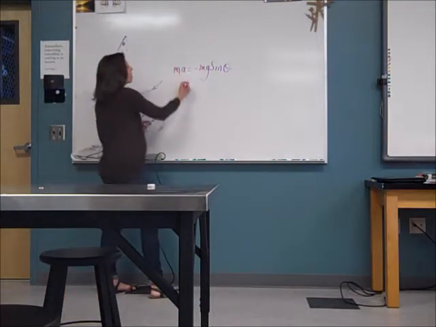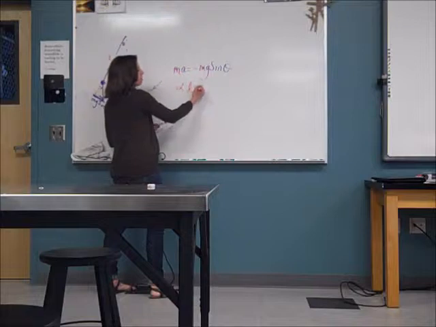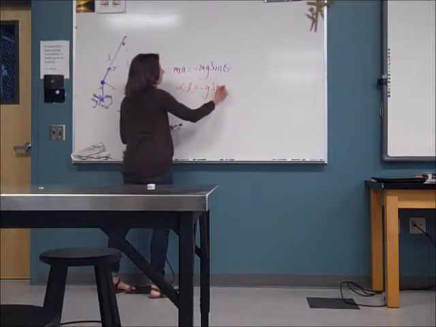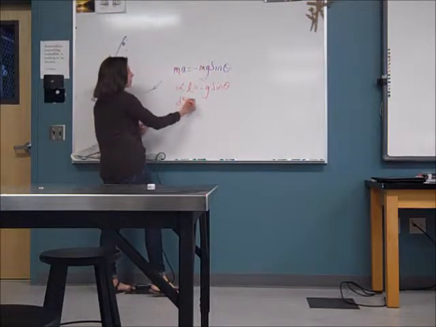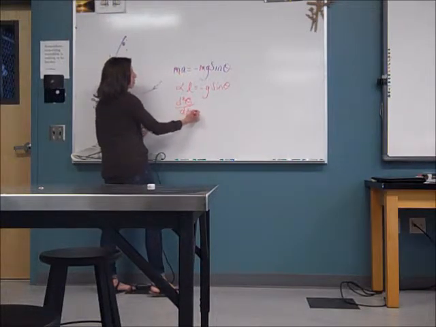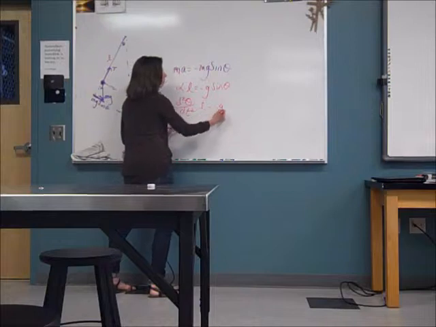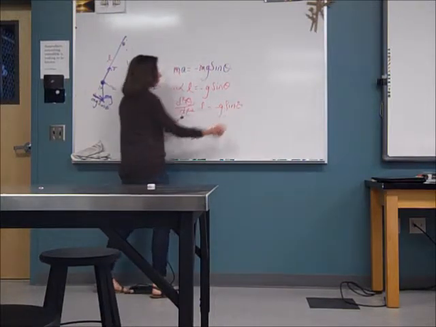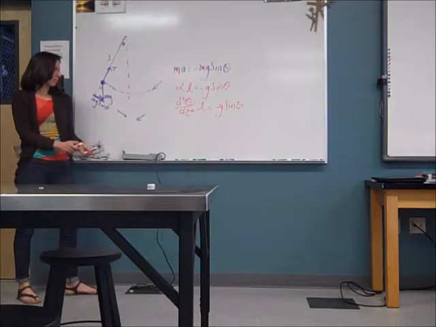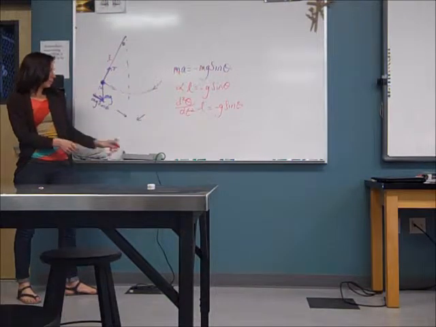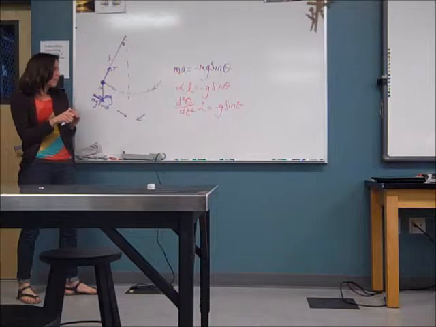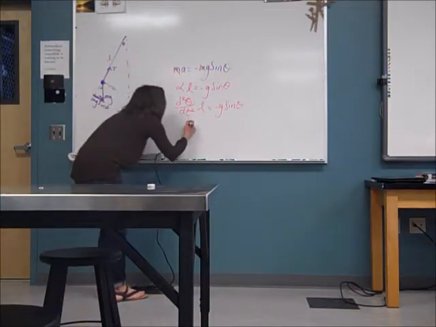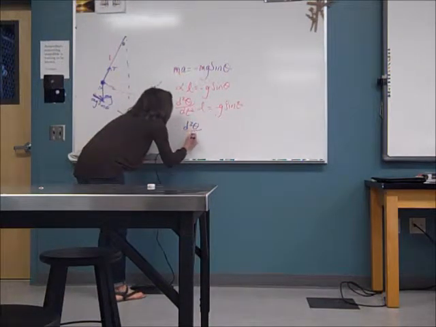So this is now alpha L equals negative g sine theta, where alpha is the second derivative of theta with respect to time. And to make this look pretty, I'm going to divide by L on both sides to get this second derivative by itself.